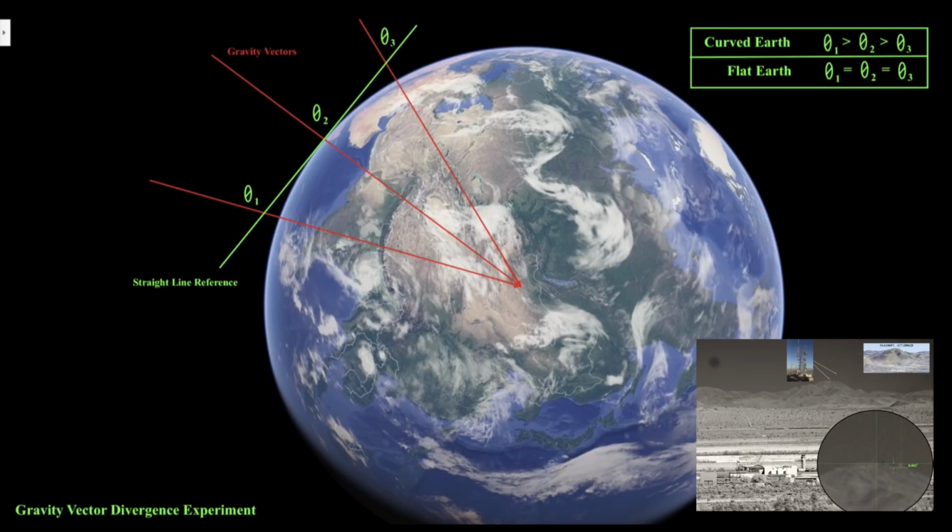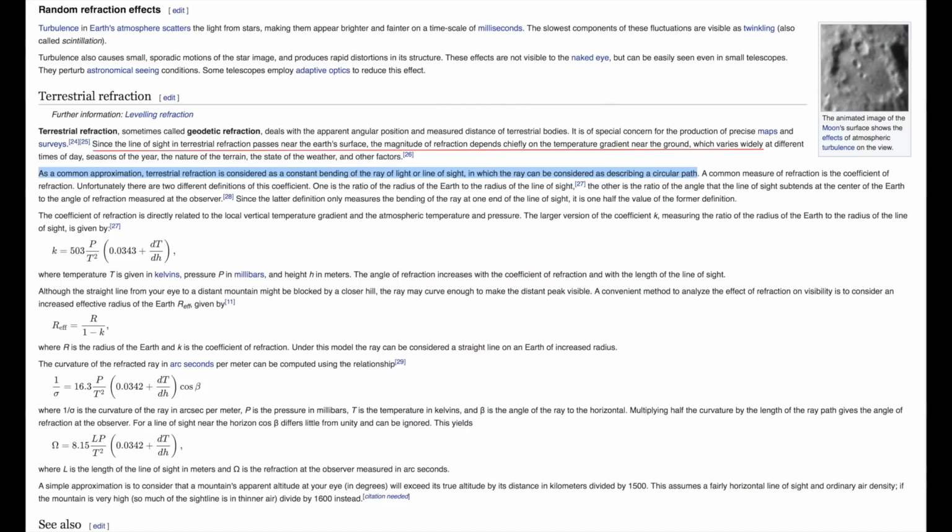Now let's have a look at refraction, because that's used to make up the difference between the theoretical and the observed. So we know there is refraction, and reading the underlined text there, since the line of sight in terrestrial refraction passes near the Earth's surface, the magnitude of refraction depends chiefly on the temperature gradient near the ground, which varies widely.